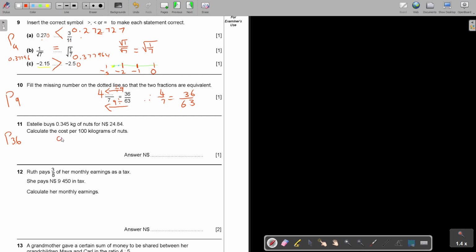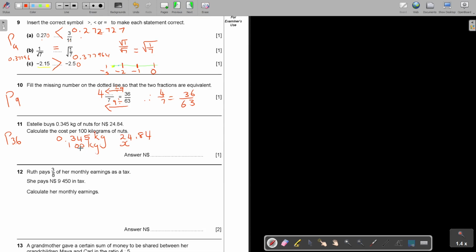So I'm going to say 0.345 kilogram is costing 24.84, and then 100 kilogram is x. Always check that if this was gram, then you must make the units the same. But luckily, it's also kilogram. So what do I do? I cross multiply. This is direct proportion.